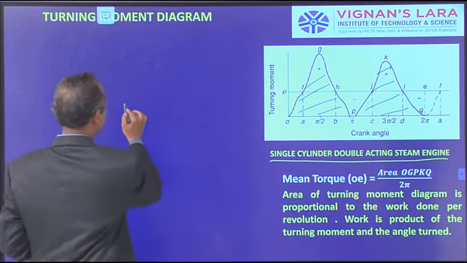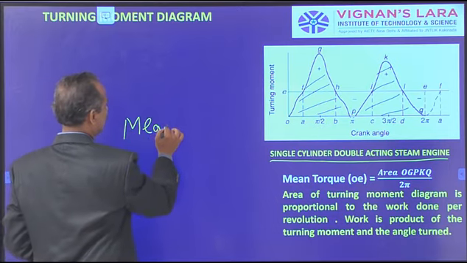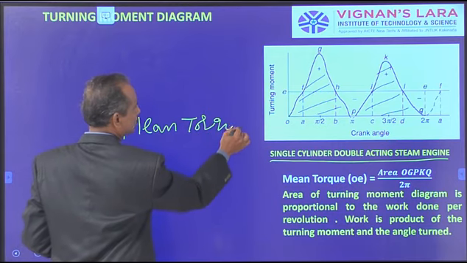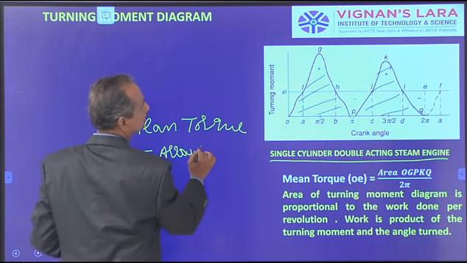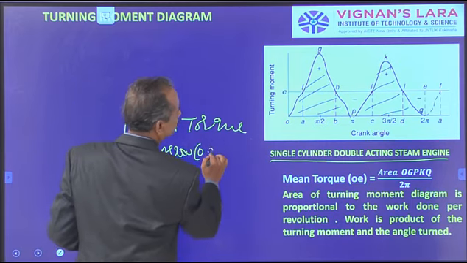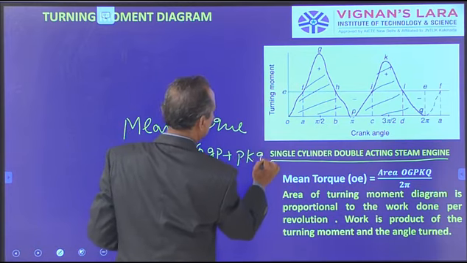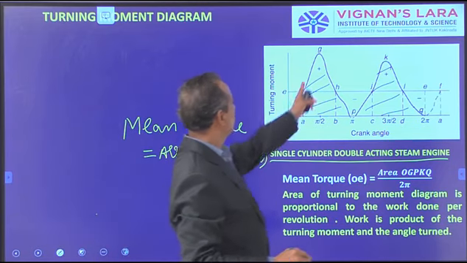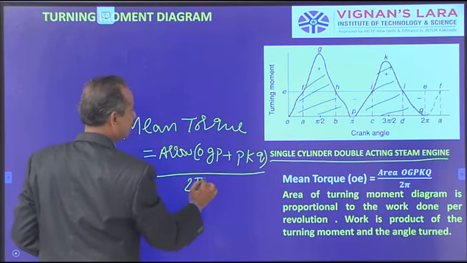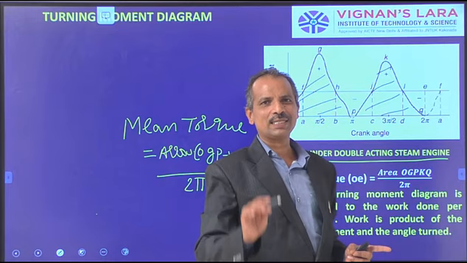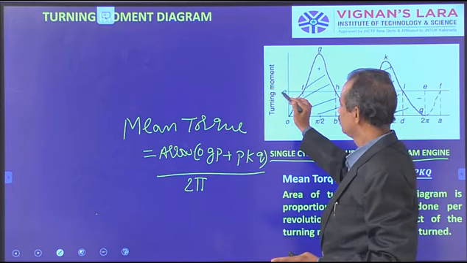So the mean torque is the area of OGP plus PKQ divided by 2 pi. If you calculate this, you get some amount of turning moment, that is OE.